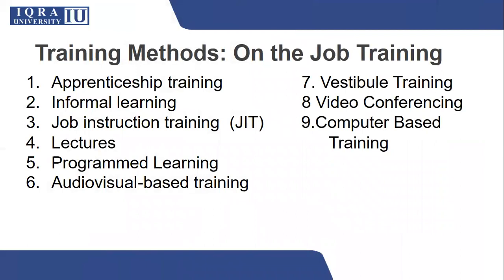Next is the training methods, on the job training. On the job training means having a person learn a job by actually doing it. Every employee from clerk to CEO gets on the job training when he or she joins a firm. In many firms, on the job training is the only training available.